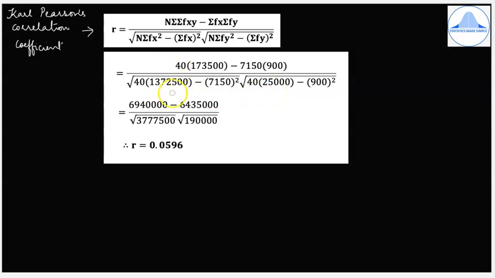So on further simplification, you get R is equal to 0.0596. So you can conclude, therefore, the variables x and y are positively correlated.